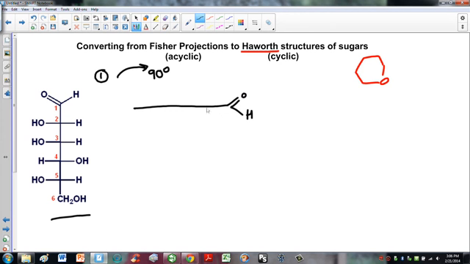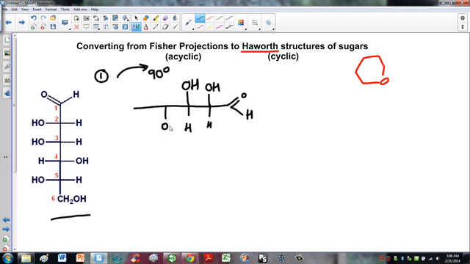Alright, so that's 1. Now when this went down, hopefully you guys can see that the OH here is going to be pointing up when it falls down. You've got OH up, the hydrogen down. So that's carbon 2. Carbon 3 is exactly the same. We've got OH up, the hydrogen down. When we get to carbon 4, see that it's the opposite.